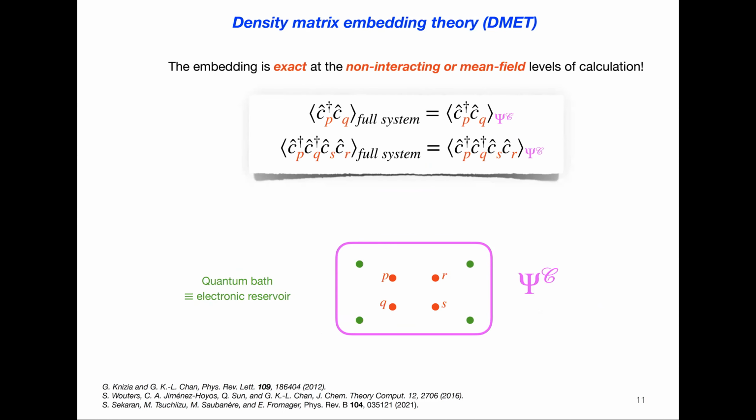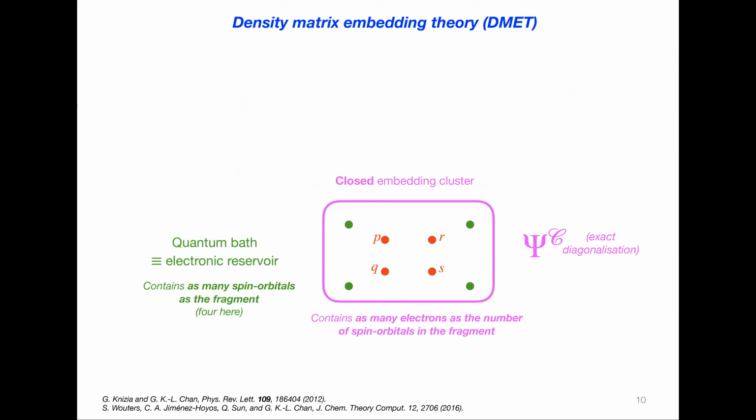So the important thing you should realize is that when you do this, the bath is playing the role of an electronic reservoir. So inside this cluster, the bath plus fragment, you have an integer number of electrons. This is why you can use a pure wave function, a pure state. And the number of electrons that you describe corresponds to the number of spin orbitals that you have inside your fragment, okay?